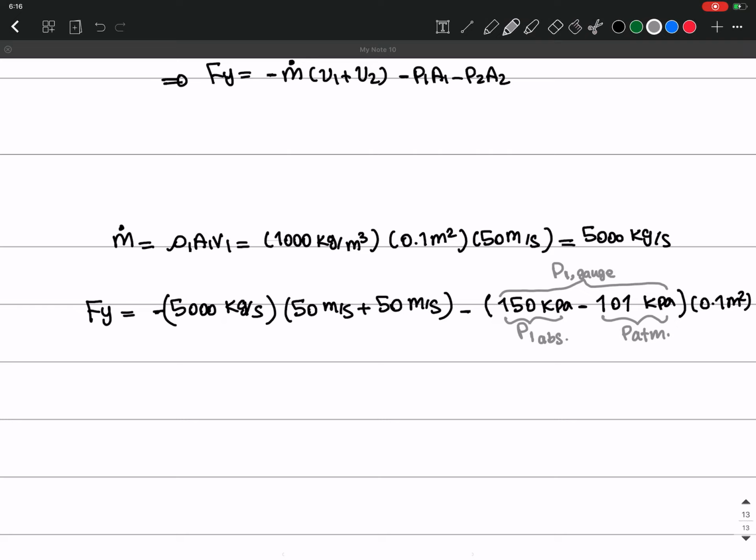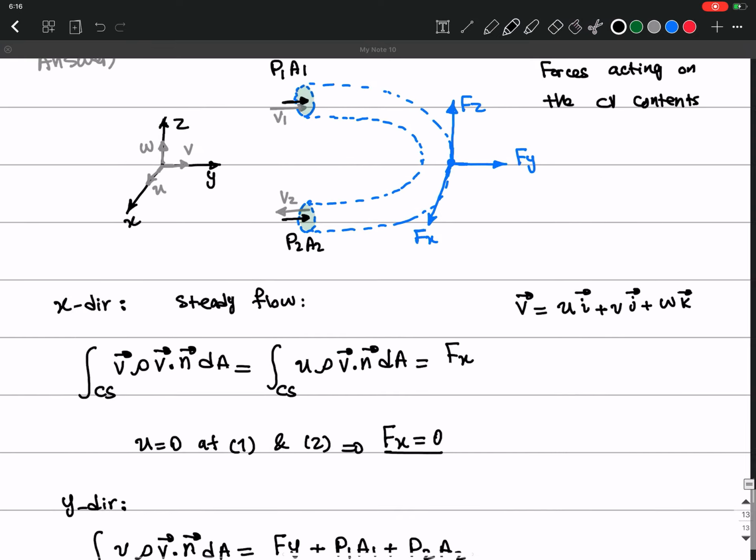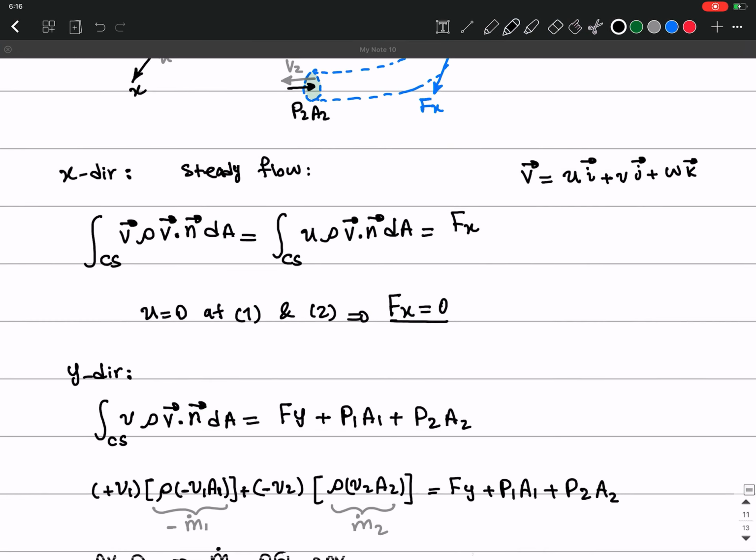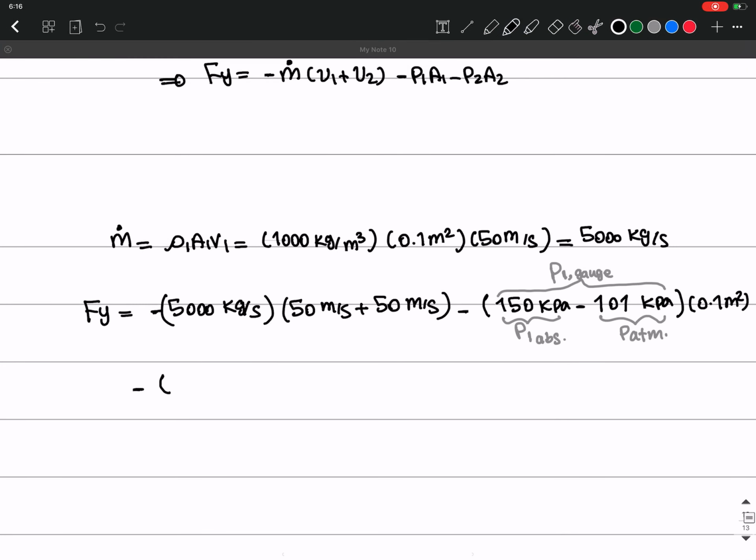In these calculations for forces, we want to have the gauge pressure, minus the second one. P2 is 101 kilopascal. So I write it down: 101 kilopascal minus, again, the atmospheric pressure, which is 101 kilopascal, times 0.1 meter squared.